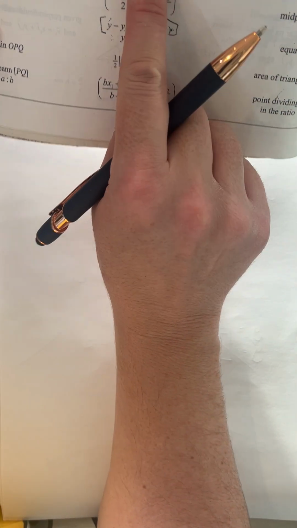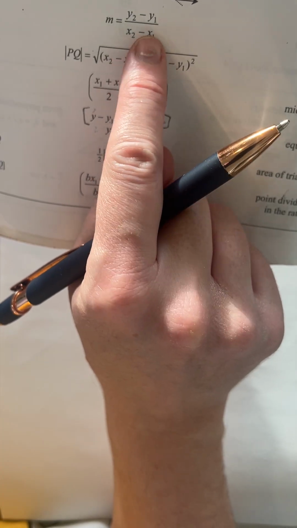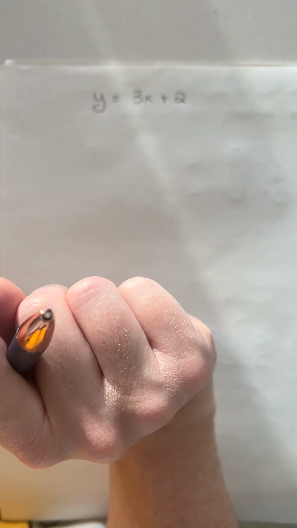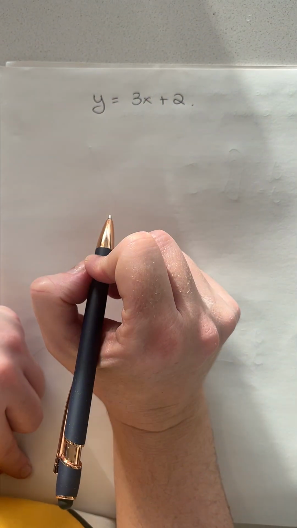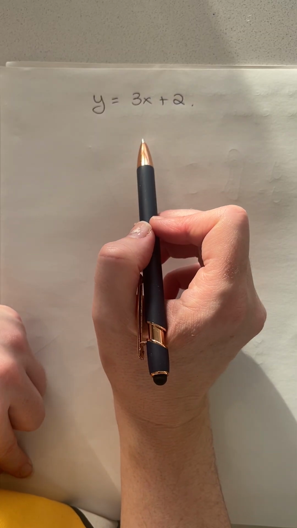You would prefer to use that rule. But in that case, you need 2 points. So you're going to have to work out a point on this line. It can be any point on this line.